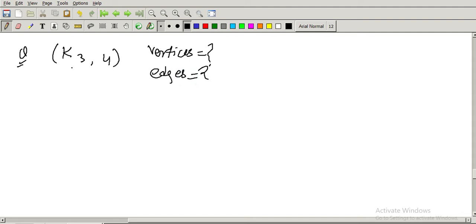They will not specify the name, but when we have this type of representation, m comma n, we will say this is a complete bipartite graph, and this representation is the complete graph.